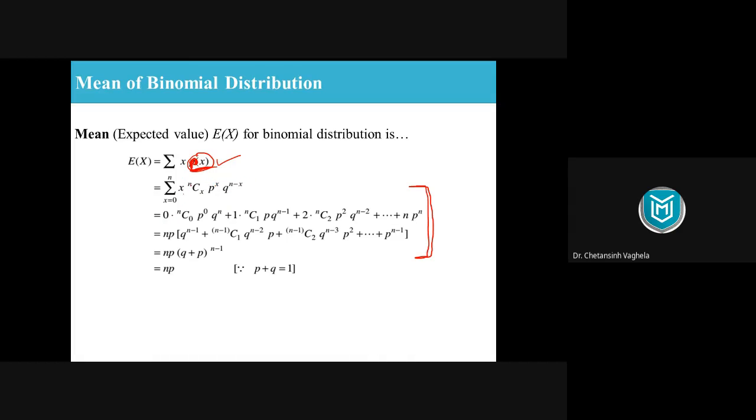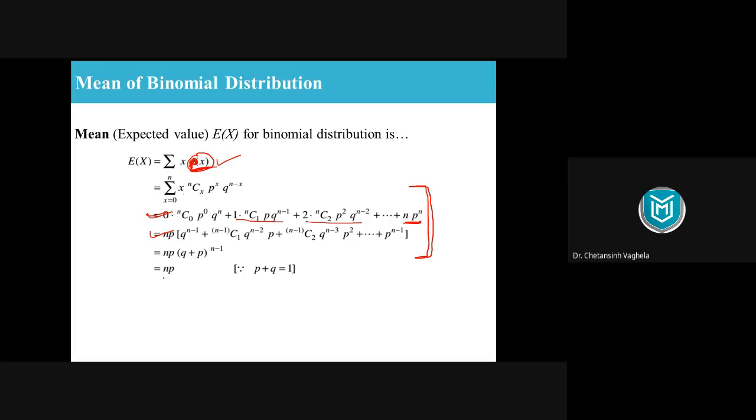Plus, then I'm taking x equals 1. Then 1 into nC1 p raised to 1 q raised to n minus 1. Observe here. Then I chose x equals 2, then x equals 3. And lastly, I chose x equals n. Then n minus n will be 0, q raised to 0 will be 1. So this goes away from here. So we are not interested in this particular proof. Don't worry about how this happened.